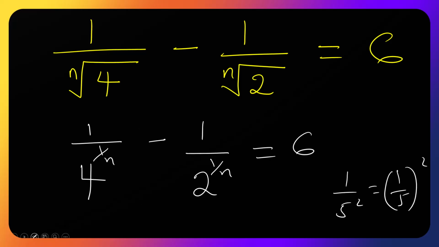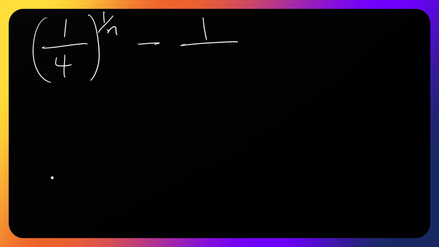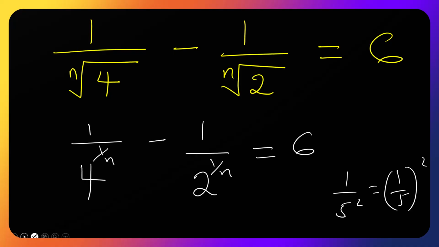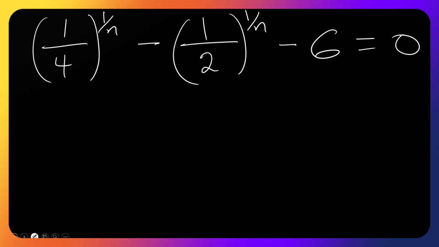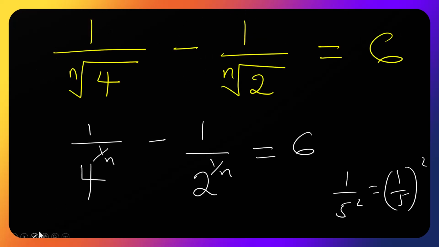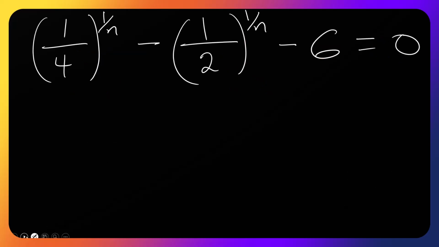So we can say 1 over 4 raised to 1 on n minus 1 on 2 raised to 1 on n. So let's bring the 6 in, minus 6 equals 0. Okay, so we are done with this side.